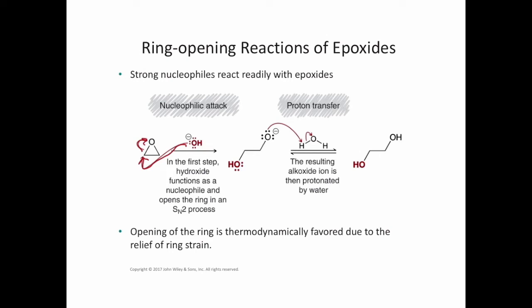And then in a subsequent step, we can protonate the formed O- to form this diol product. And the driving force for all of these reactions where we have nucleophiles attacking epoxides is the relief of ring strain, because a 3-membered ring is quite strained.